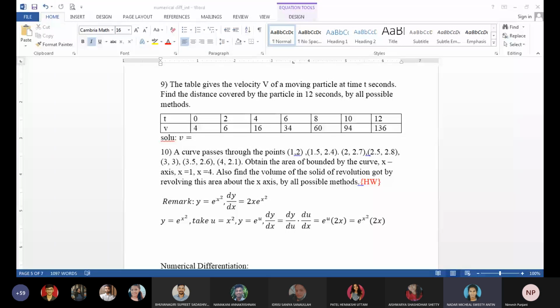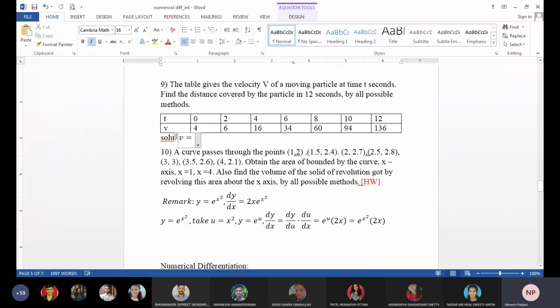Sir, distance is a scalar quantity and displacement is a vector quantity. Yes, that is an important thing. In displacement you have to specify the direction. In distance that is not necessary.